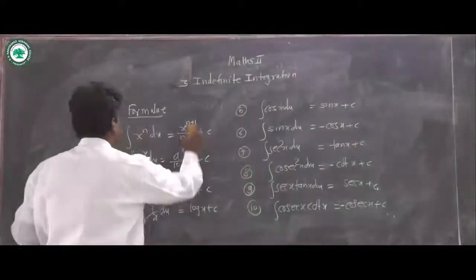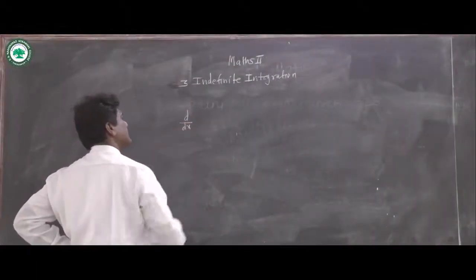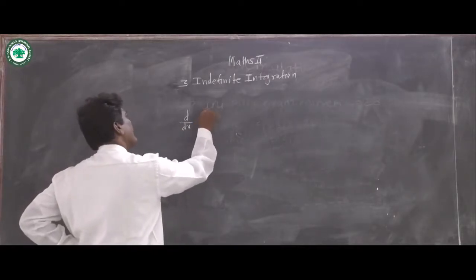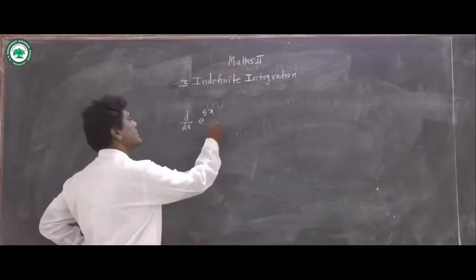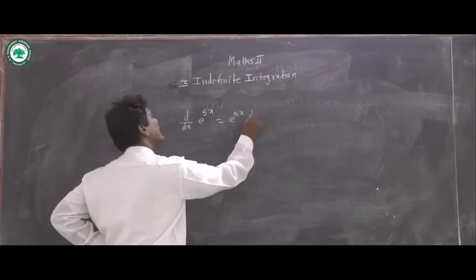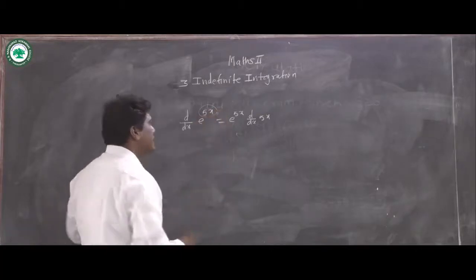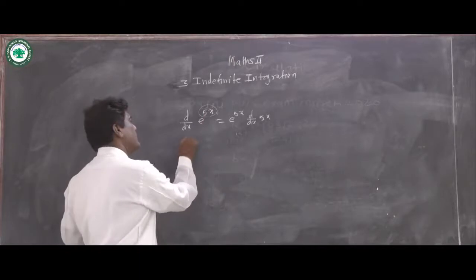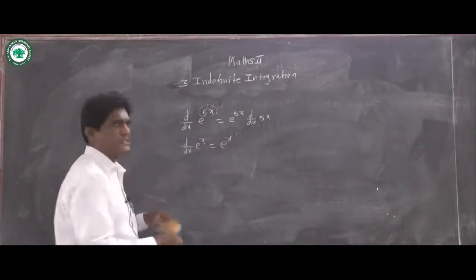Now here next, d by dx of e to the power 5x is equal to e to the power 5x into d by dx of 5x, because instead of x there is a different function 5x, so we use our standard formula d by dx of e to the power x is equal to e to the power x.